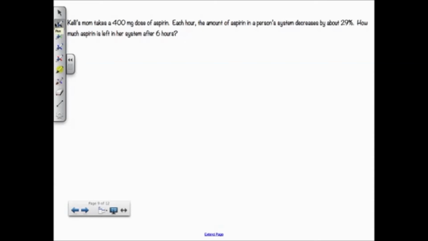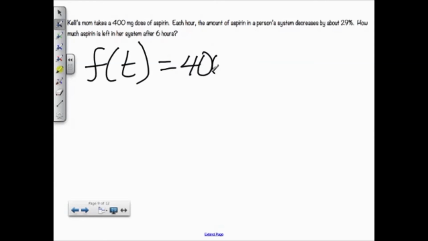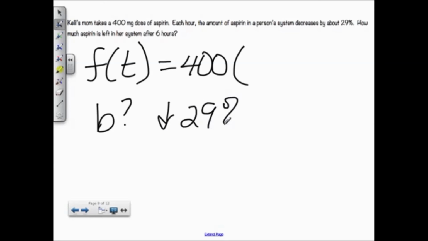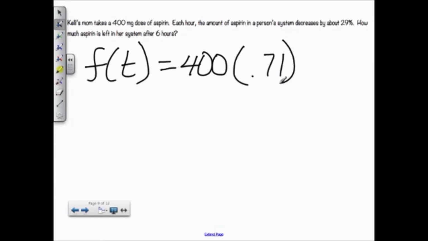So we're going to use the exponential decay formula. So the initial value is 400. Now the question is, what is the B value? Well, the B value is how much it's decreasing by. So it's going down by 29%, which means that there is 71% of the medicine left in your system, which is 0.71. So this right here is your B value, okay? So I'm going to say that the formula is going to be 400 multiplied by 0.71 raised to the t power.